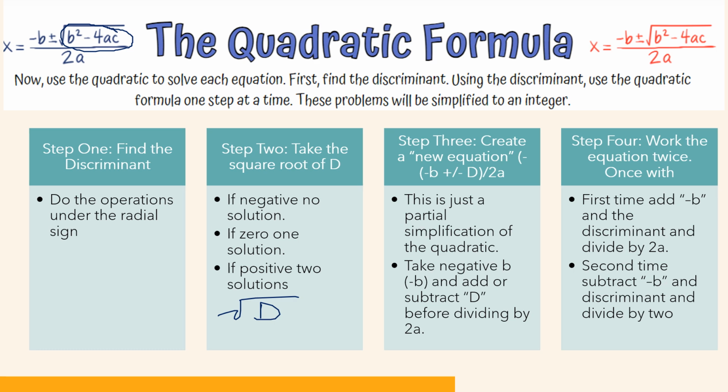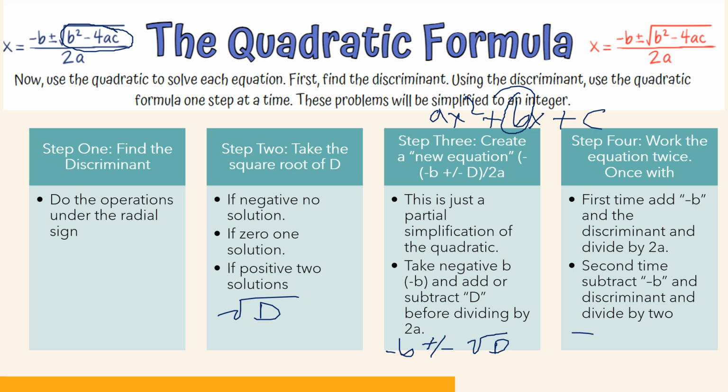So it's going to be negative b plus or minus the square root of the discriminant. And remember that b comes from our quadratic function. And then we're going to just work this simplified problem twice.